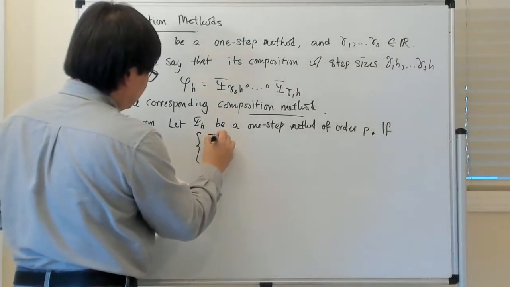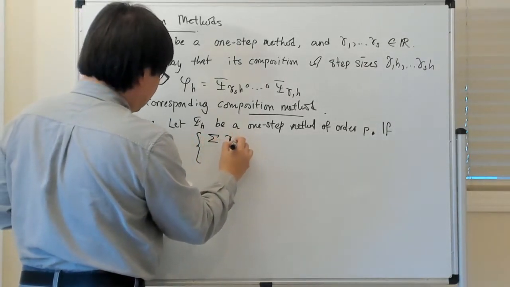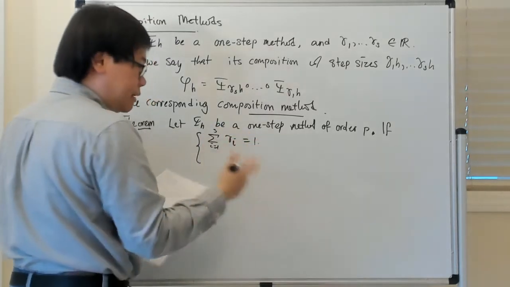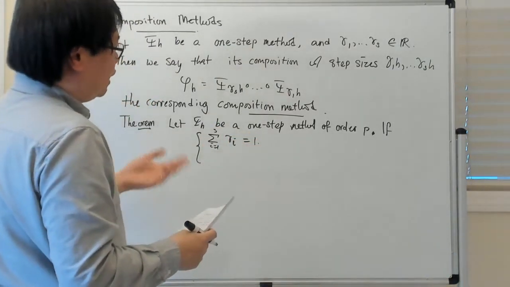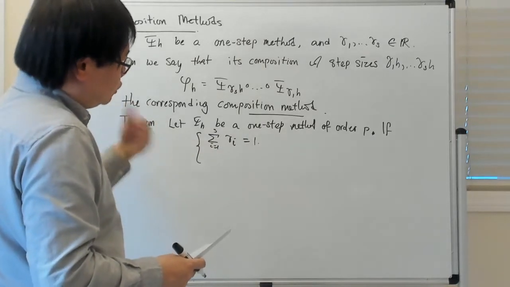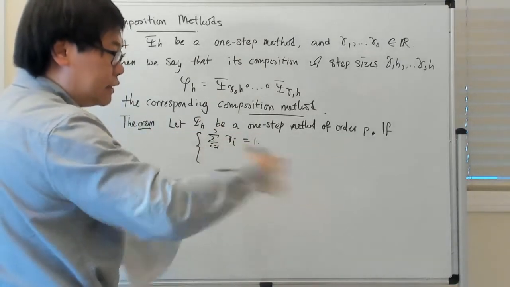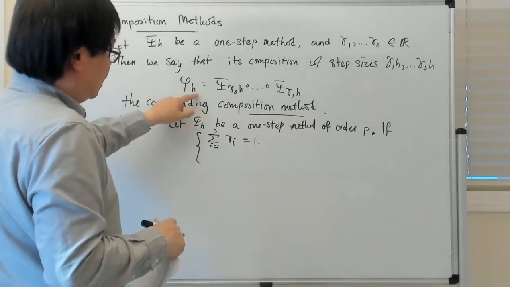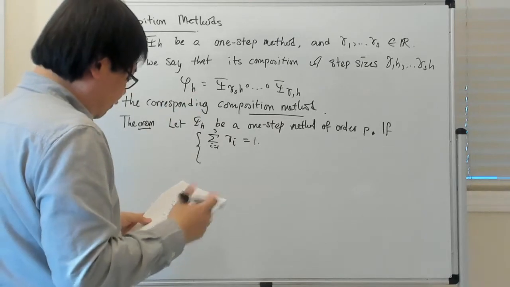So you need that the sum of the gamma i's from i equals 1 to s is equal to 1. Okay, that's fairly reasonable. You want the total step length you've marched the solution forward to be h.